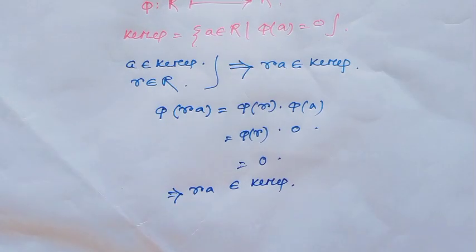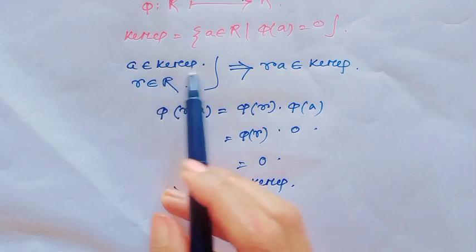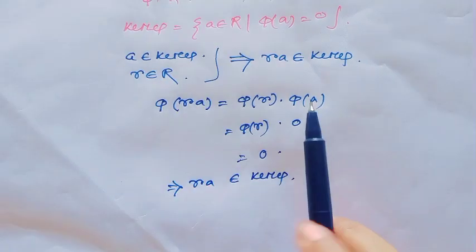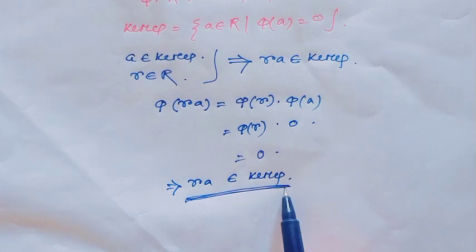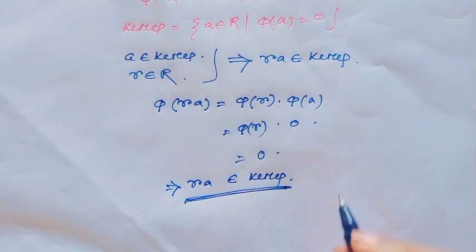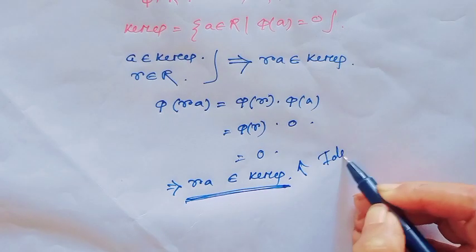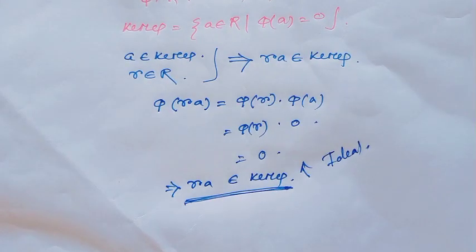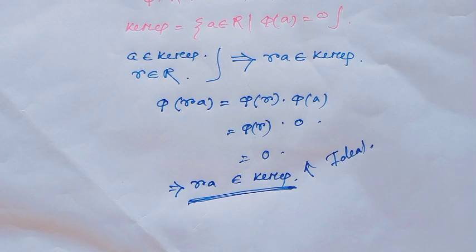Since r is an arbitrary element of the ring and a belongs to ker phi, and I got ra belongs to ker phi, our proof is done: ker phi is an ideal. Similarly, if we multiply on the other side, it would also be 0.